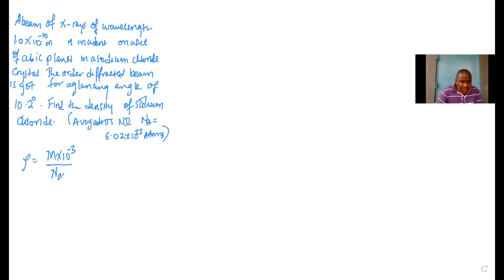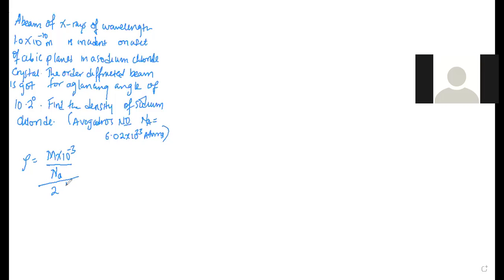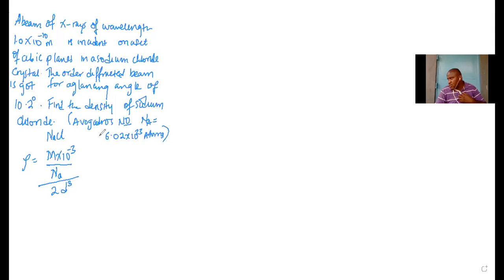This is now the mass of one molecule. Then divided by 2d cubed. Why does d have a 2? Because sodium chloride has 2 atoms, one for sodium, the other for chlorine. So instead of presenting it the other way, you can use this formula straight away and you get the answer.